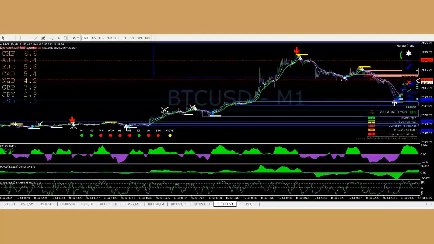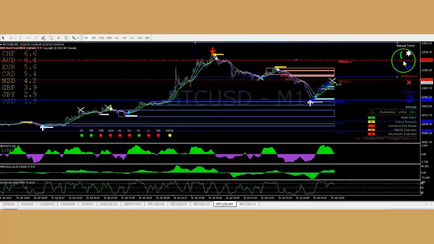Sorry, y'all. So broke structure right here. Big old square, reduce it a little bit. There we go. Broke structure right here. So it broke it on the 1 hour, right? And it hit resistance by the 4 hour resistance.